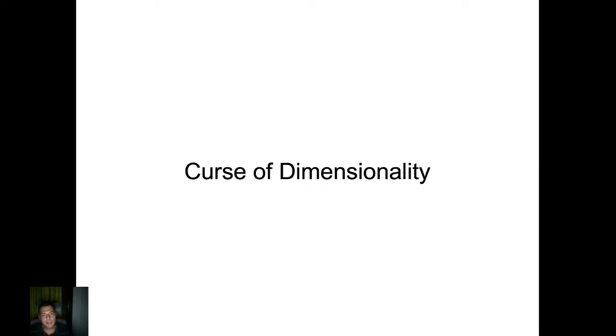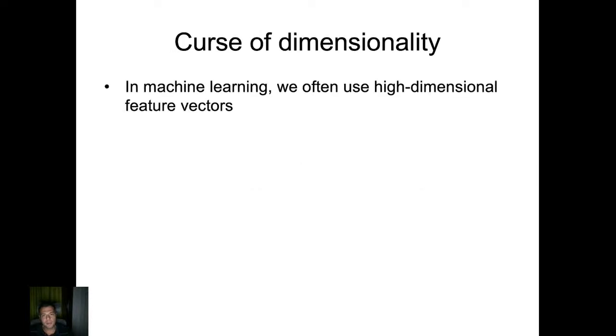And now we're moving to the last part of our discussion, the curse of dimensionality. In machine learning, we often deal with high dimensional feature vectors.